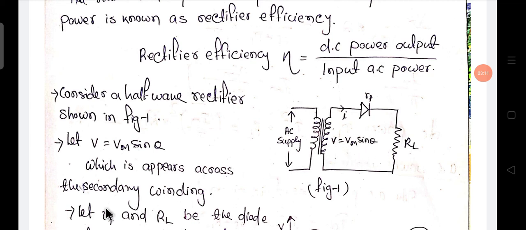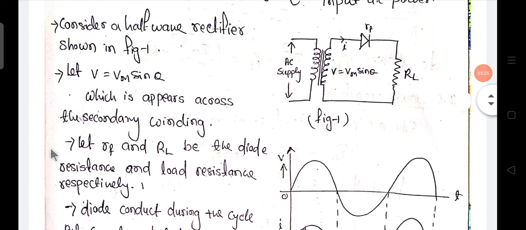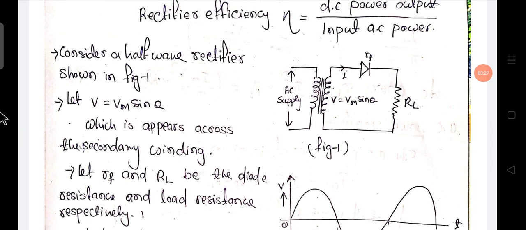Next, let Rf and RL be the diode resistance and load resistance respectively. That means the PN junction diode also has a resistance.